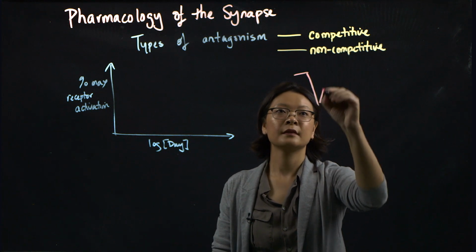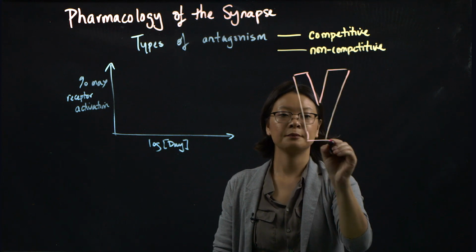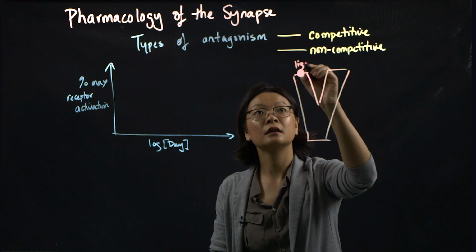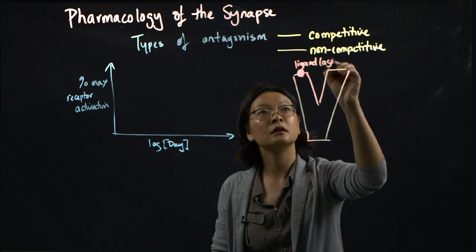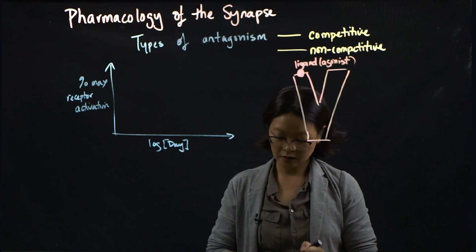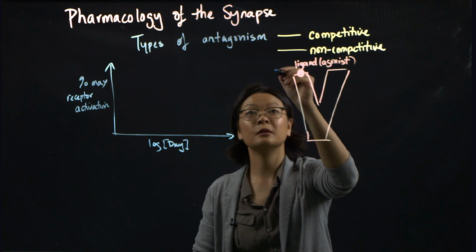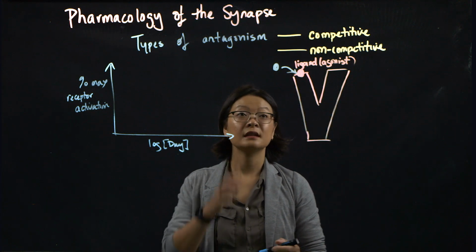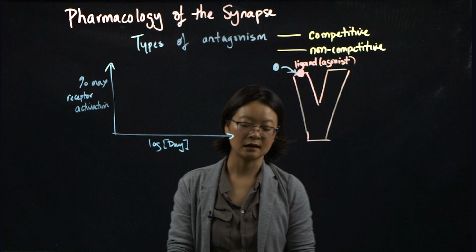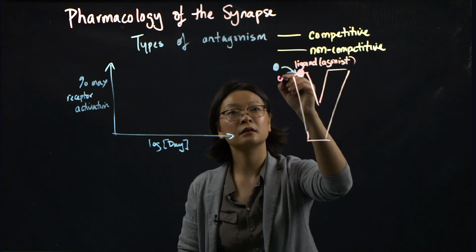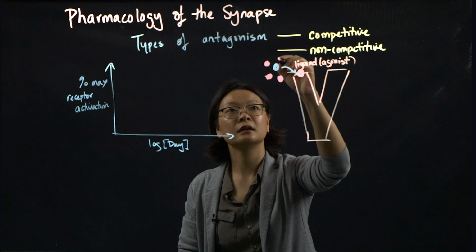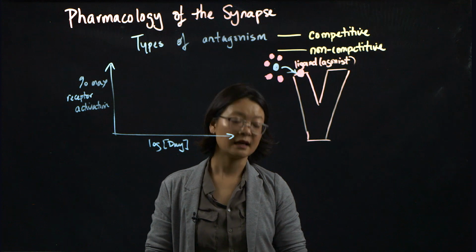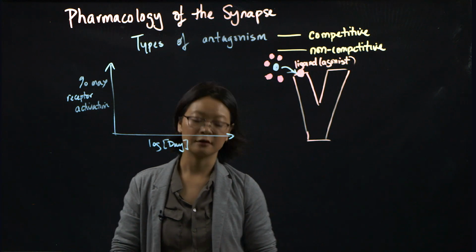So if I just say that this is your receptor and this is your ligand or agonist, your antagonist would come along and compete for that exact same spot. So if it is sitting here, your antagonist is sitting at that spot, if you have increasing concentrations of agonist floating around, it can eventually outcompete that antagonist. So that's why this is called competitive.